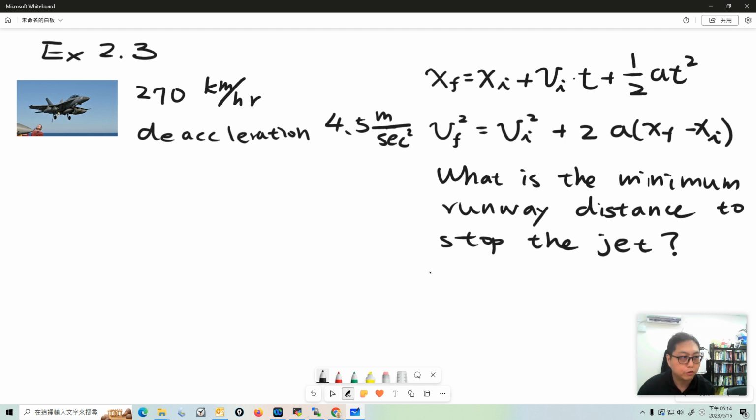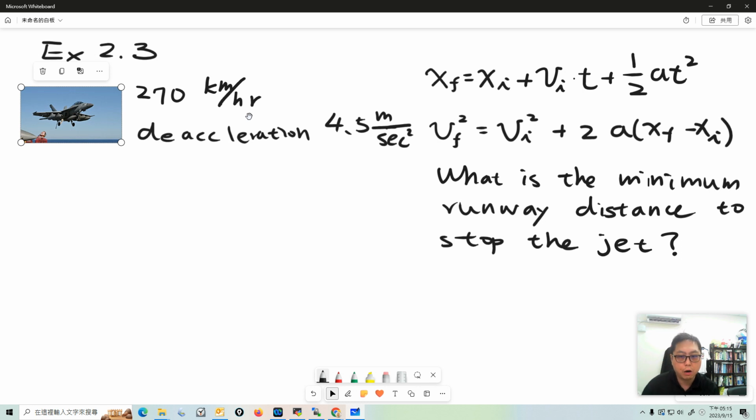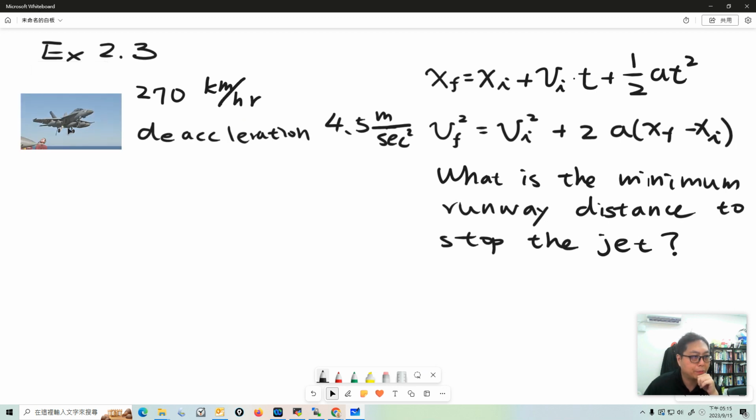It's a very simple question. A jet is landing, carrying a speed of 270 kilometer per hour, and how long must the runway be for the jet to be completely stopped?